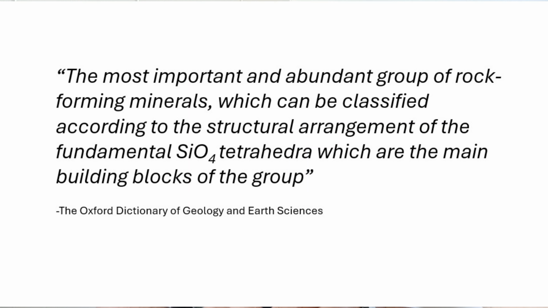The Oxford Dictionary of Geology and Earth Science defines silicates as the most important and abundant group of rock-forming minerals which can be classified according to the structural arrangement of the fundamental SiO4 tetrahedra, which are the major building blocks of the group.